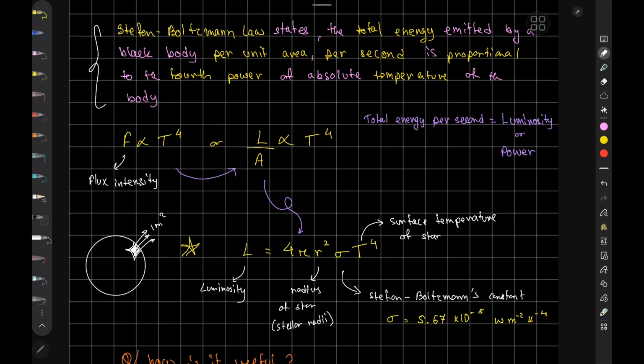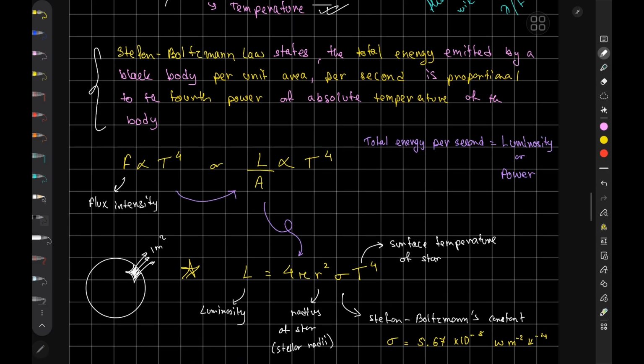Let's take the trail of thought that we have already established over here. So this you're cool with, great. So flux intensity is proportional to the absolute temperature's fourth power. Now, obviously, the previous step of this, as I had written over here, is luminosity per unit area.